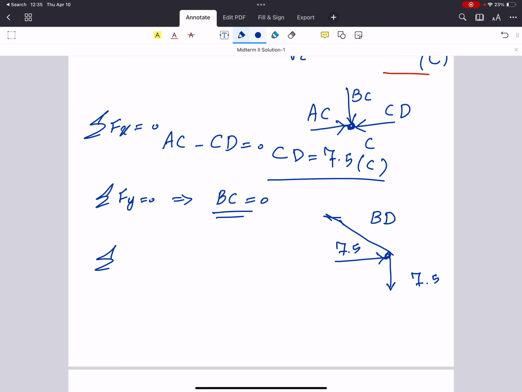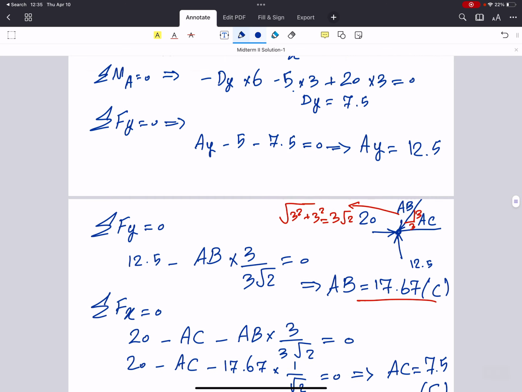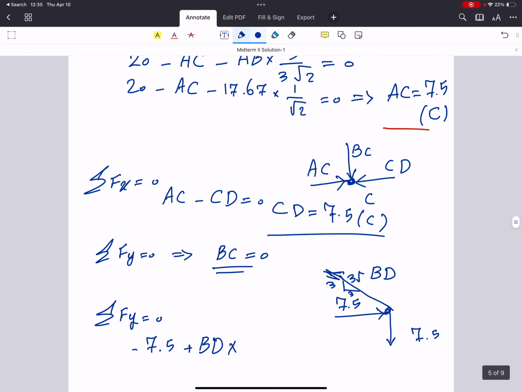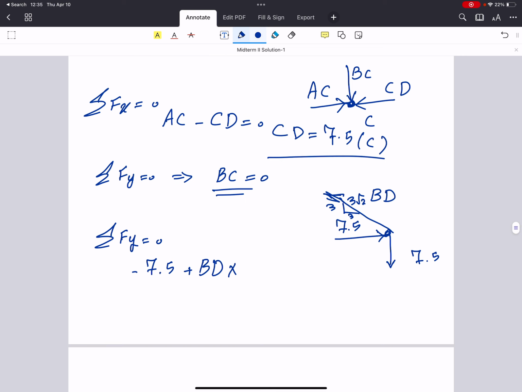I can use Fy equals 0, 7.5 going down, BD going up, times slope 3, and what was the other one? This one, hypotenuse.